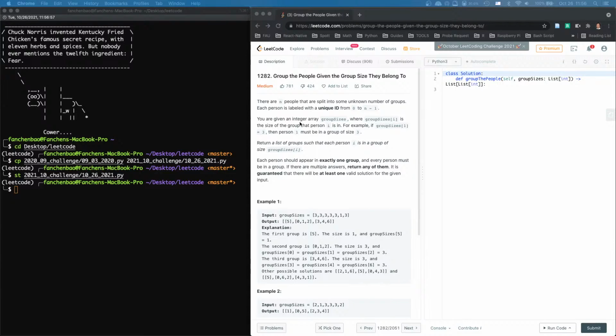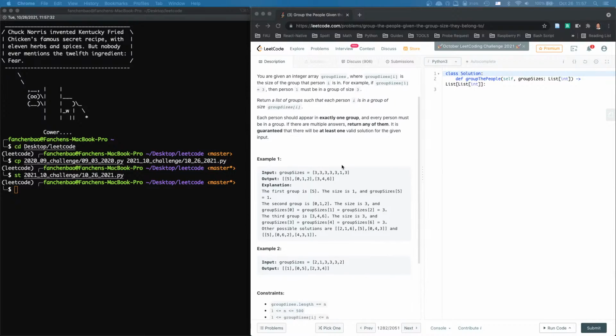You're given an integer array group sizes, and group size i is the size of the group that person i is in. For example, group size 1 equals 3, then person 1 must be in a group of size 3. Return the list of groups such that each person i is in a group of group sizes i. Each person should appear in exactly one group, and every person must be in a group. If there are multiple answers, return any of them. It is guaranteed that there will be at least one valid solution.